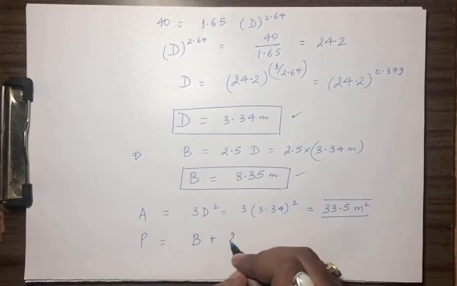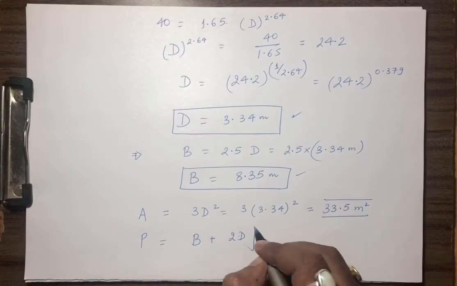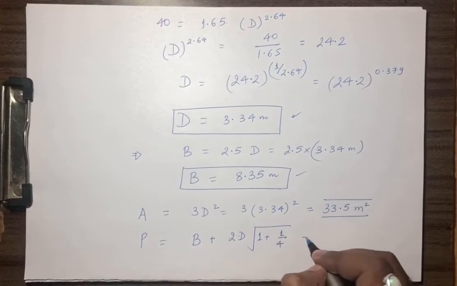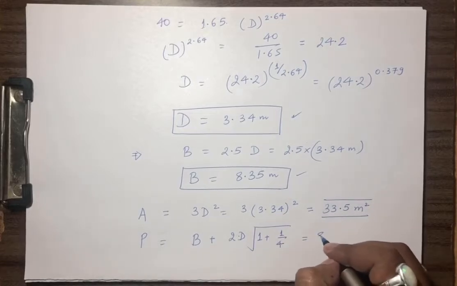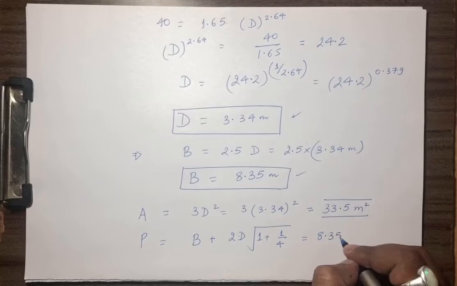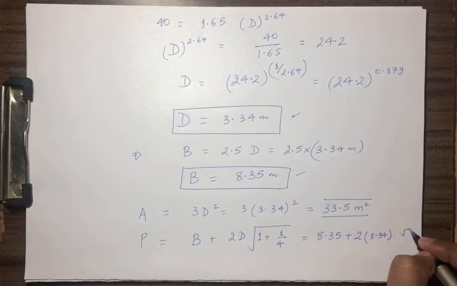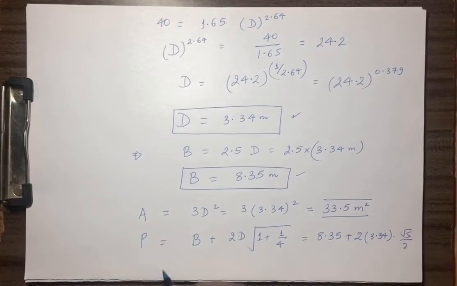B plus 2D root over 1 plus 1 by 4. So 8.35 plus 2 into 3.34 root 5 by 2. So P is coming out to be 15.81 meter.